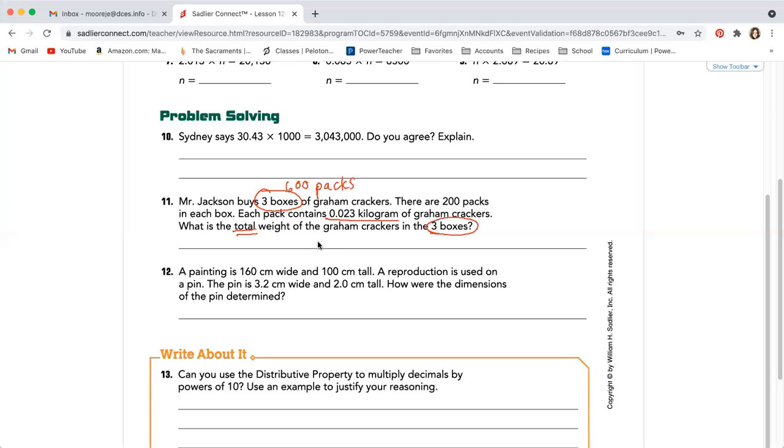So we can set up an expression that says, well, I'm going to multiply the weight of 1 times the weight of how many I have, right? And then this is going to be a situation where you have to decompose the 600 in order to solve the problem, okay?